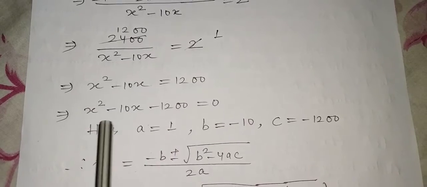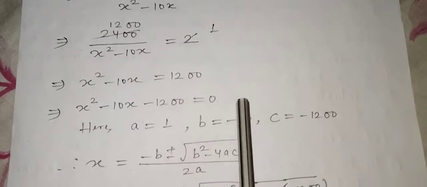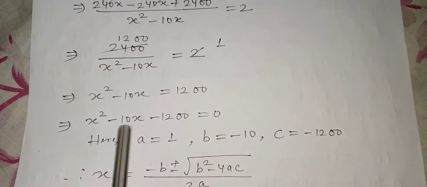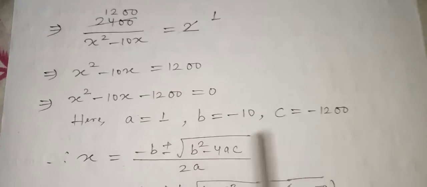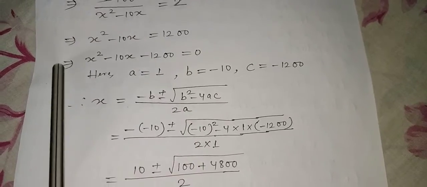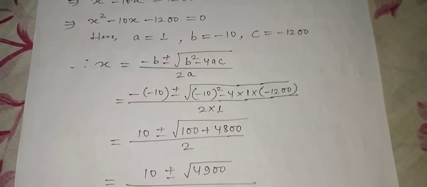Moving 1200 to this side, our result is x square minus 10x minus 1200 equal to 0. So this is a quadratic equation where a is 1, b is minus 10, c is minus 1200. So I can apply the Sridharacharya formula. And children, if you know middle term splitting, you can do it by middle term splitting as well. Both methods are correct.